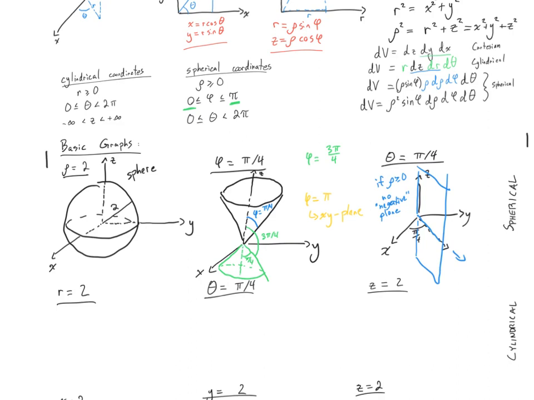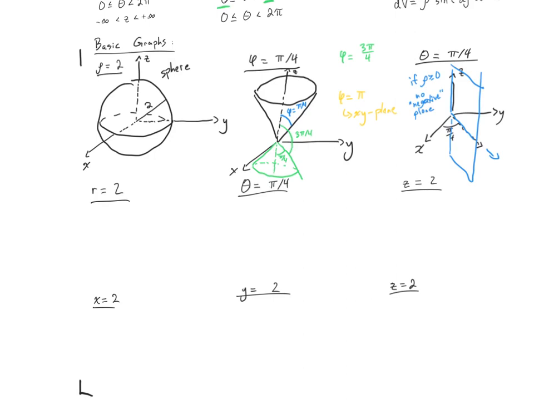Okay, so for cylindrical coordinates, we did these last time, but let's just quickly review. If r equals 2, what we're graphing is in fact a cylinder whose radius is 2. And it's a cylinder around the z-axis. If theta equals pi over 4, we again get this same blue diagonal plane that we got in the x and y case.